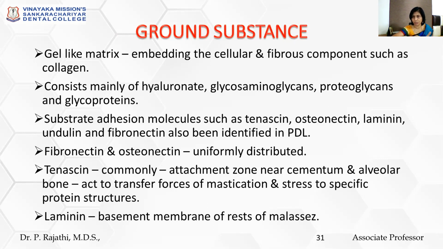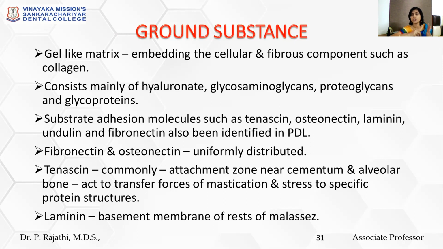There are different types of tissues, right? Adhesion meaning attachment with the other type. Between two dissimilar things, you call it adhesion. So tenascin, osteonectin, laminin, undulin, fibronectin, all these are present within the periodontal ligament because you see fibers here, you see bone here, cementum here, right?